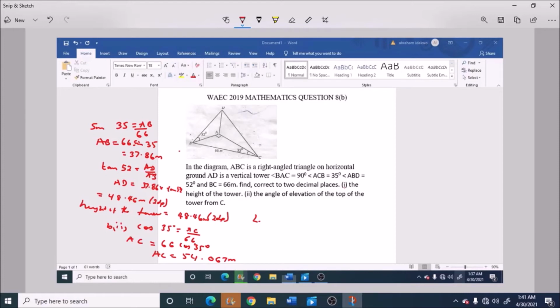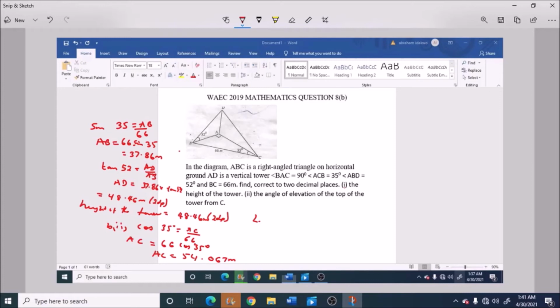Let it denote the angle of elevation of the top of the tower from C. Then in triangle DAC, tan alpha is equal to AD over AC, which is equal to 48.46 over 54.07.